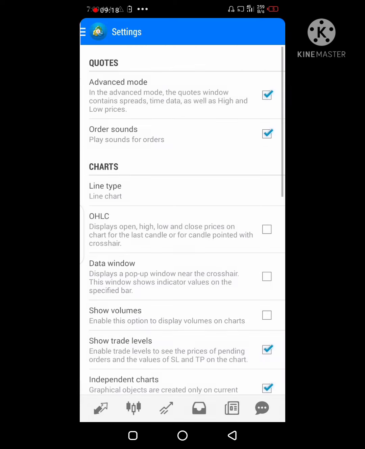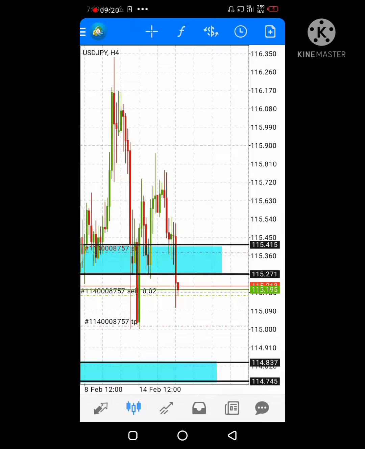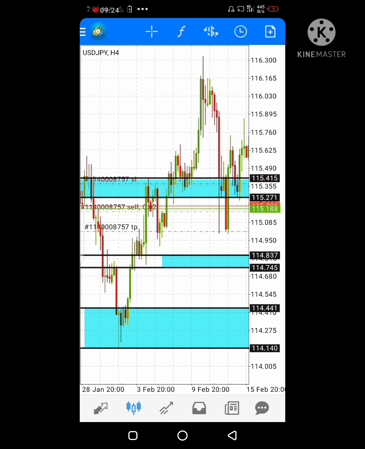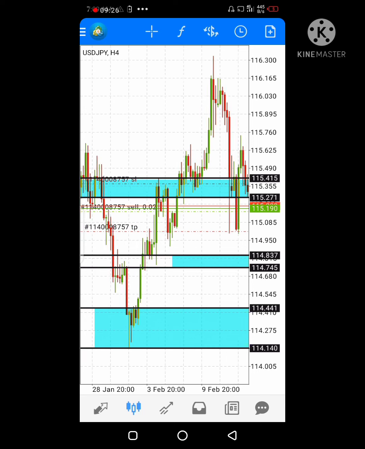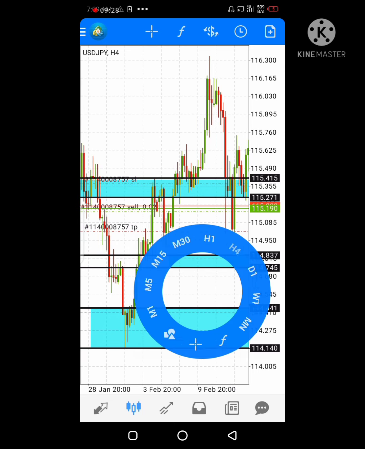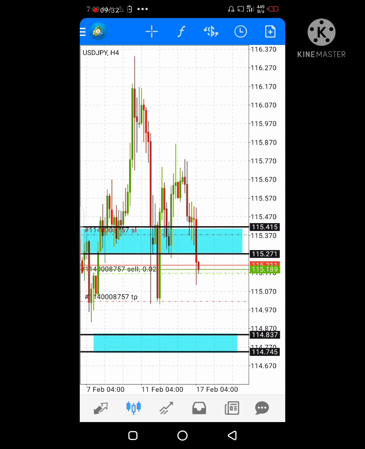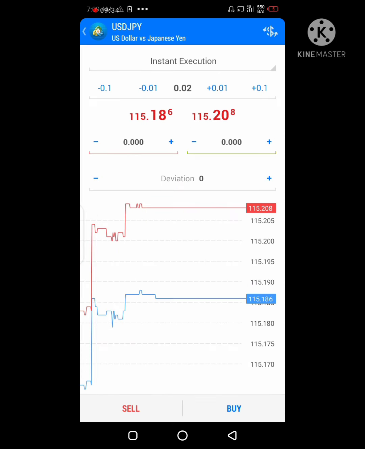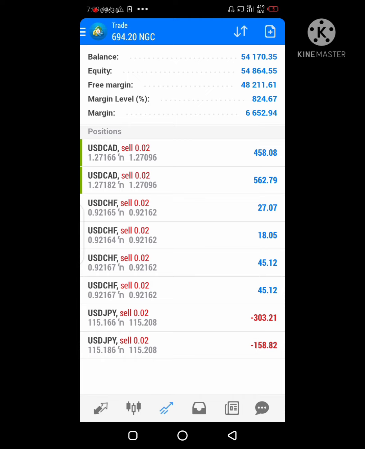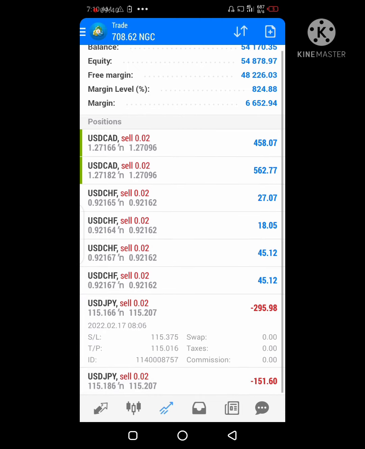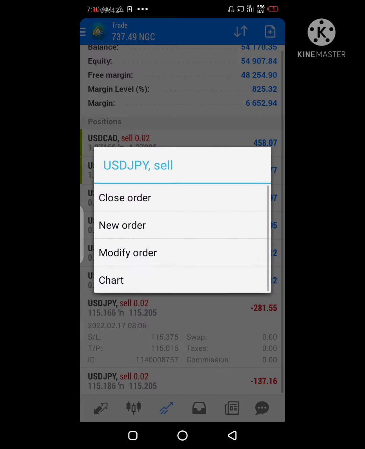I'm going to change to candlestick so you'll see. And if you can see where, I'm going to place another sell trade, and I'll put my take profit there, 115.375.